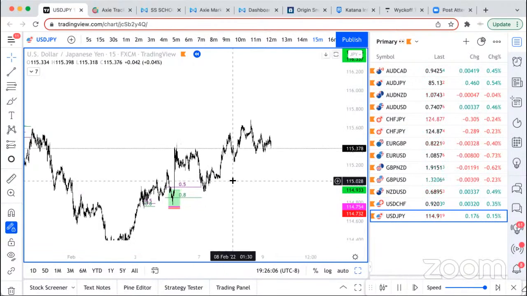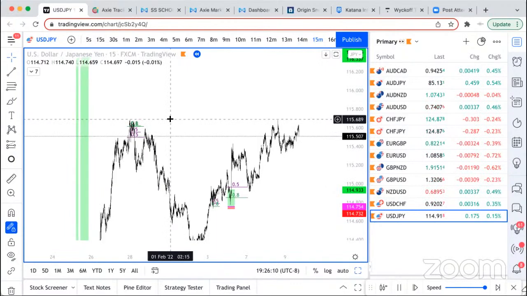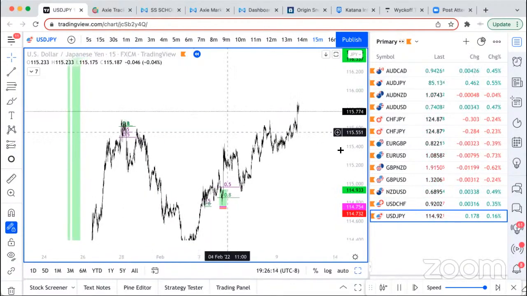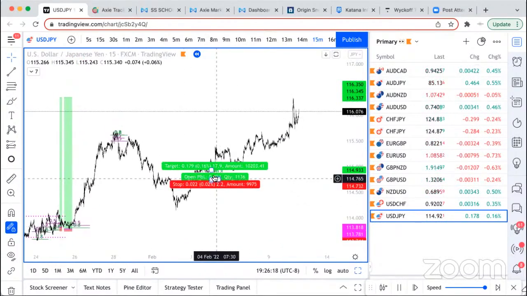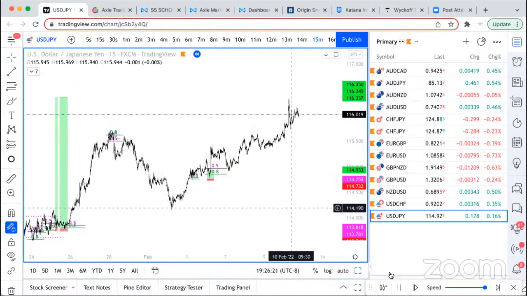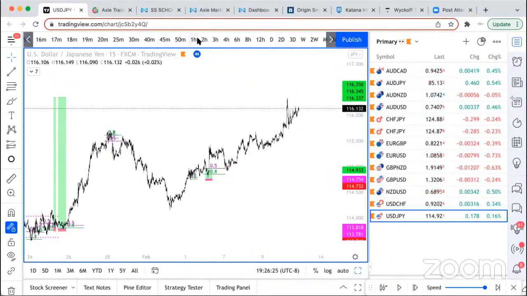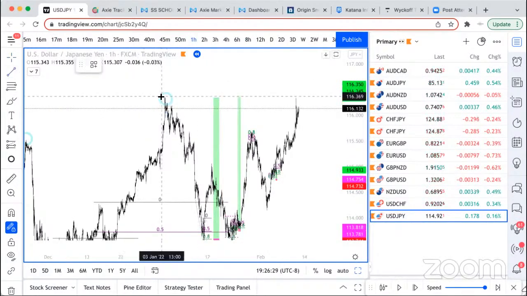So as of right now, we're still just inside of those orders. We're waiting to take out this high here. Once we take out this high, we could take, oh, we didn't catch that order. Never mind. I was going to say we could take our partials on that order, but obviously we didn't catch it. So now we're just still waiting for price to come up to this high right up here.